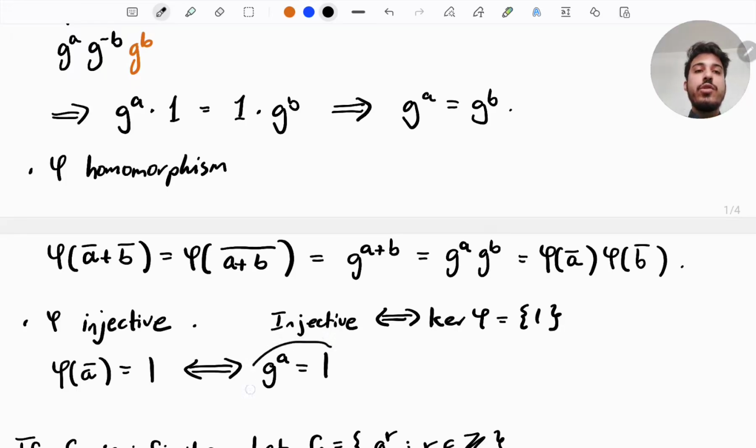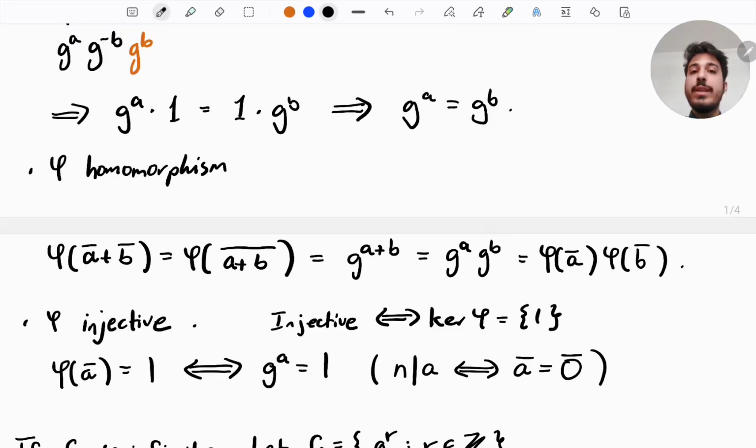So when is g to the a equal to the identity? Well, g to the a is equal to the identity if n divides a, meaning that a bar is equal to 0, and 0 is the additive identity of Z mod nZ.